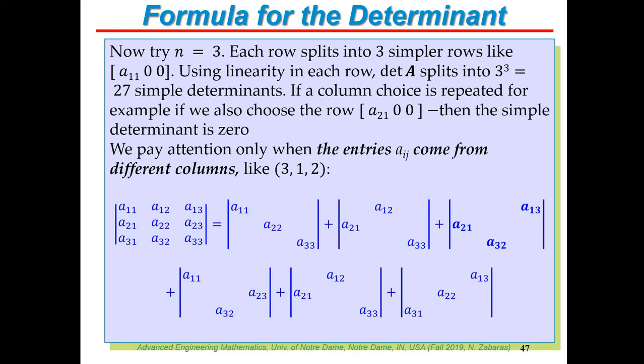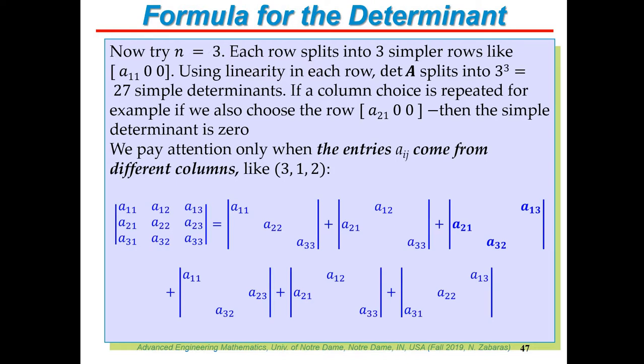How are you going to get the sequence 3, 1, 2 starting from 1 to 3? One of the things you can do is exchange columns 1 and 3. So from 1 to 3, you can go to 3, 2, 1.